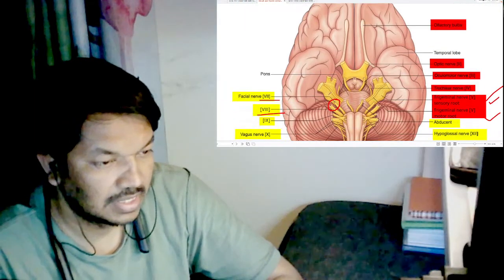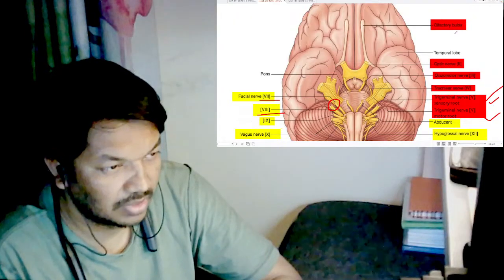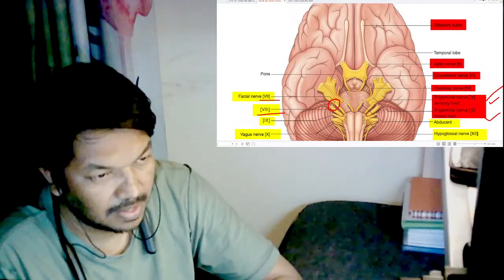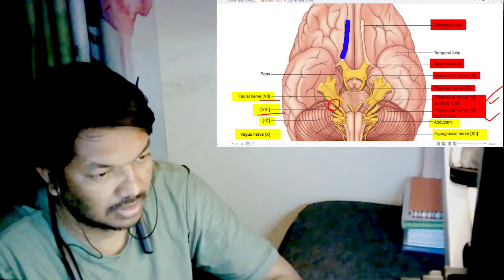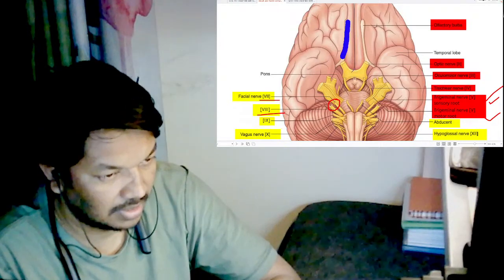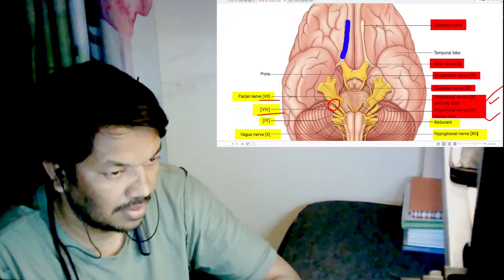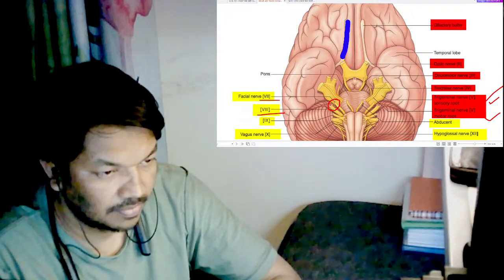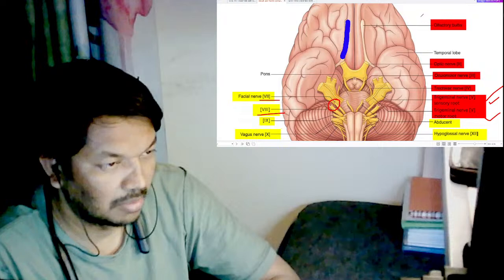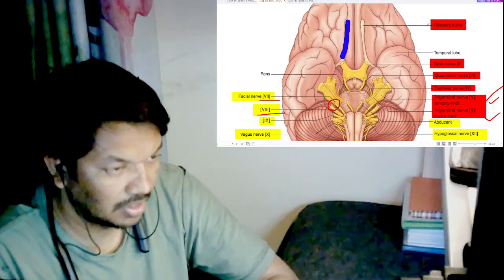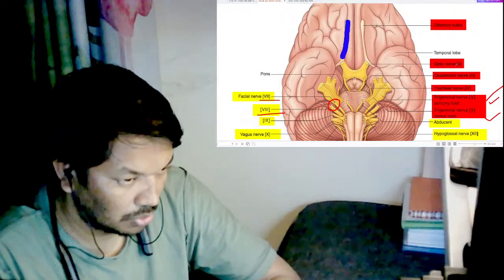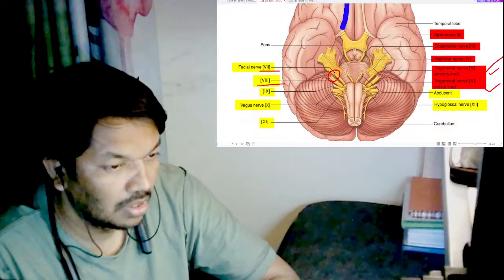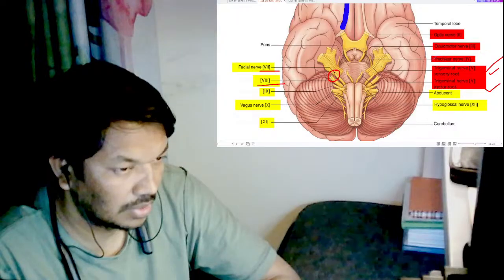You can see their location. This is the olfactory bulb, then this is the optic chiasma. This is optic nerve, number one, first is olfactory. This is oculomotor, then trochlear.